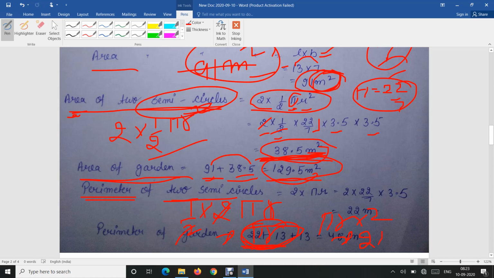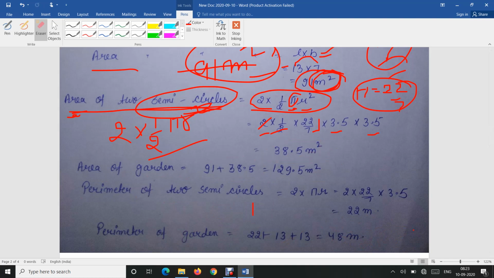After that we will get 2 pi r again. So the perimeter of two semicircles will be equal to 2 multiplied by pi r, that is 2 times 22 upon 7 times 3.5, and after that we will get 22 meter. The perimeter of the two semicircles is 22 meter.